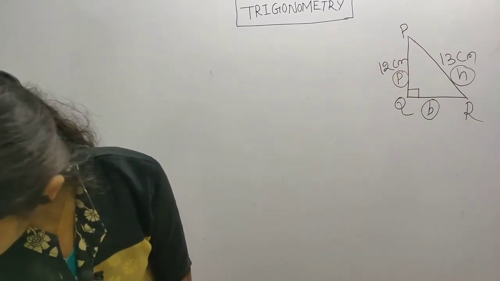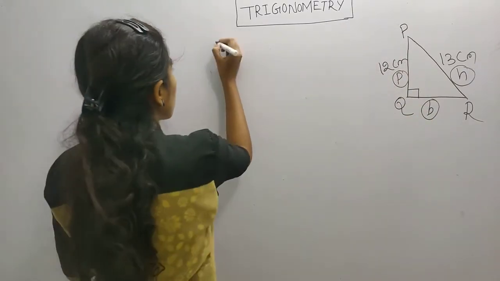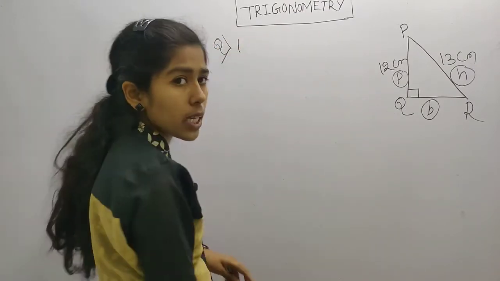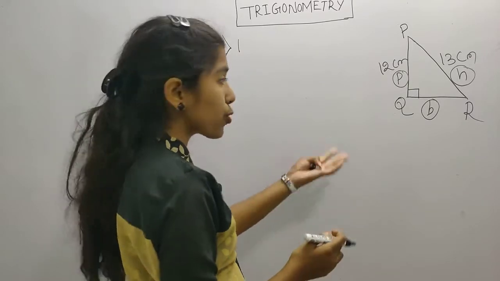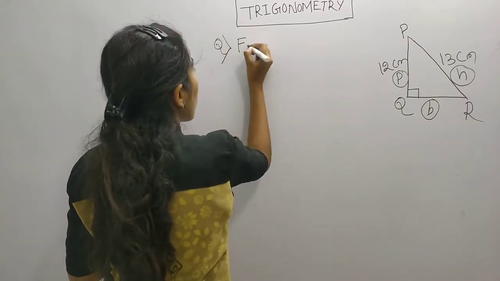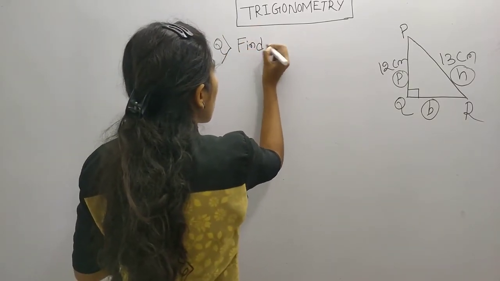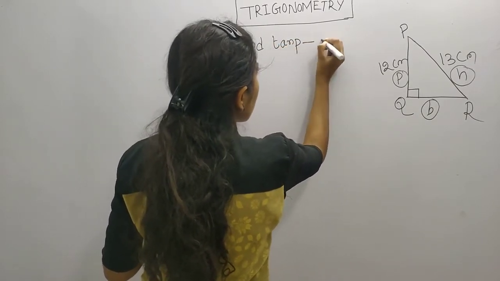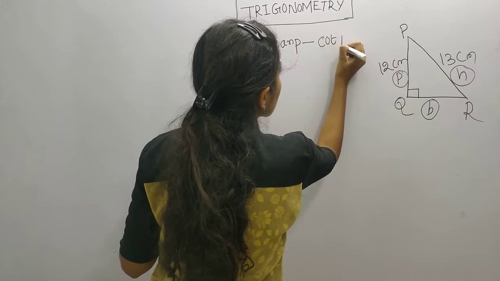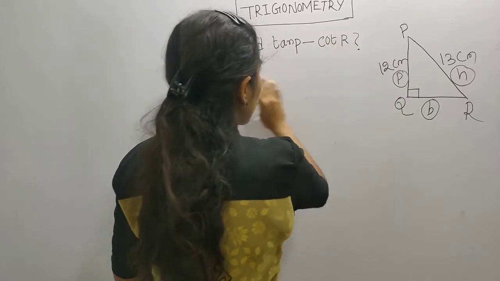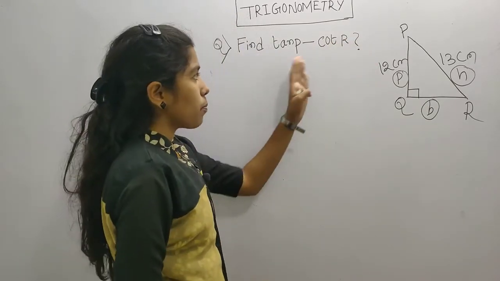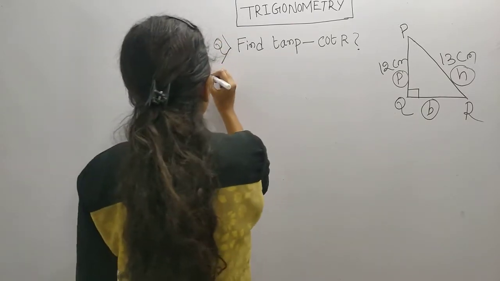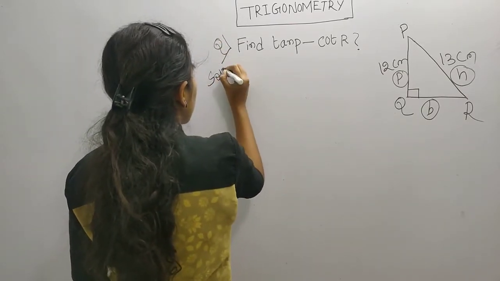Now, what is given in the question, from this triangle already given to you, you have to find tan P minus cot R. You have to find this one, tan P minus cot R. Very easy, right? So let's see the solution.